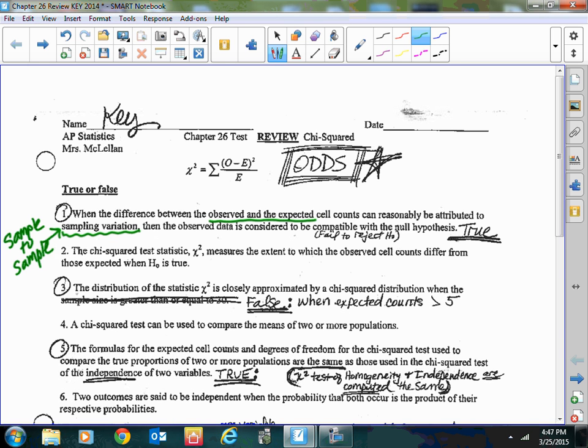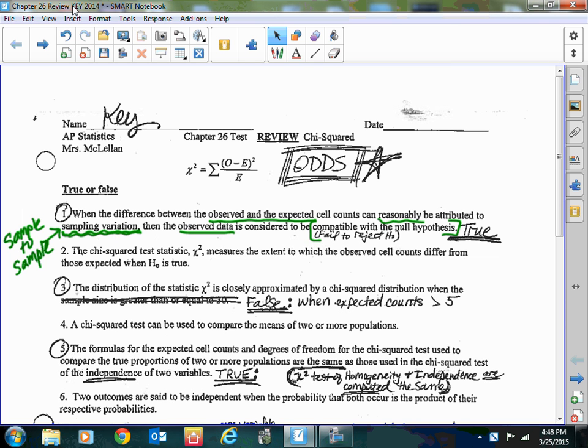So if it can reasonably be attributed to your sample being a little bit different than my sample, then the observed data is considered to be compatible with the null hypothesis. That would mean it's not far enough away to reject the null hypothesis. And so that's why it's true, because it's just very small variation from sample to sample.